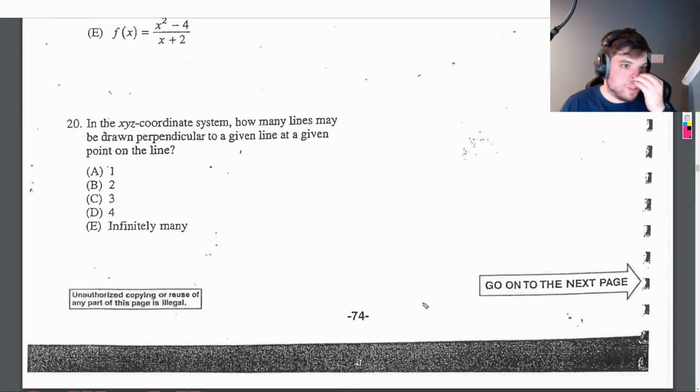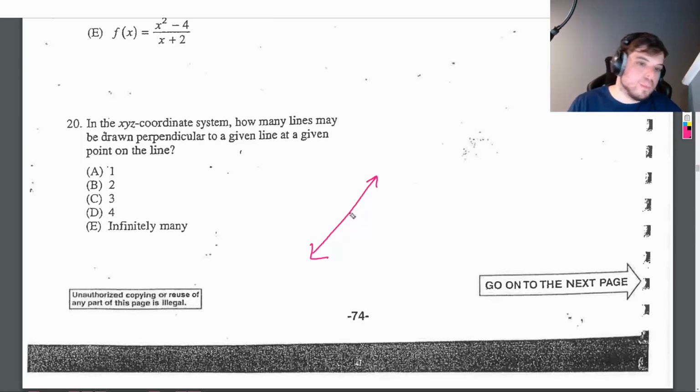All right, in the XYZ coordinate system, how many lines may be drawn perpendicular to a given line at a given point on the line? Okay, it's very hard to draw in 3 dimensions on a 2-dimensional computer screen, but assume you have a line in 3 dimensions, and you pick a point on that line.